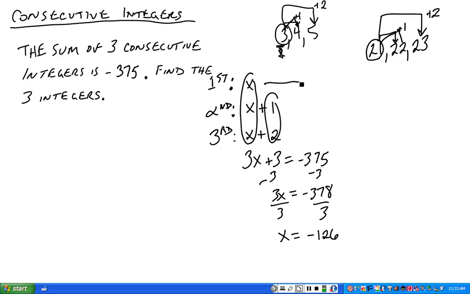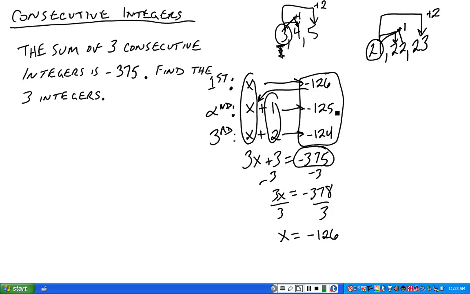So the first number, x, is negative 126. So the second number, which is x plus 1, gives you negative 125, and the first number plus 2, negative 124.